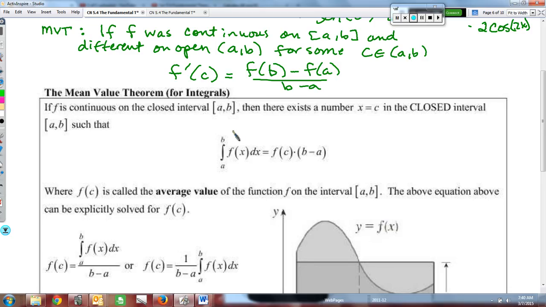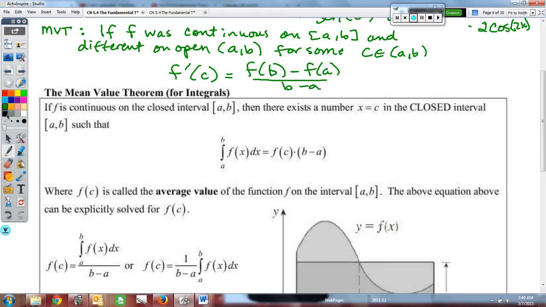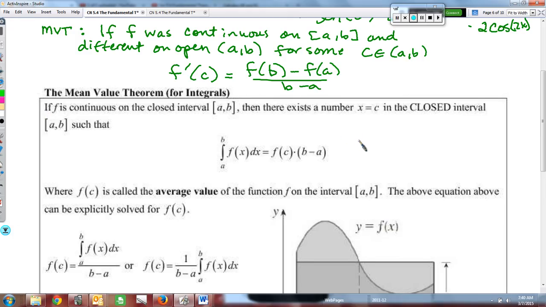So now what we're doing, because we're working with our integrals, what I want to do is kind of remind you of something. And this is where we want to be very careful in calculus, because there's several things that are going to start to sound alike and you may get confused. But first, let's talk about what we're looking at here. We're going to start talking about something called the average value of a function.